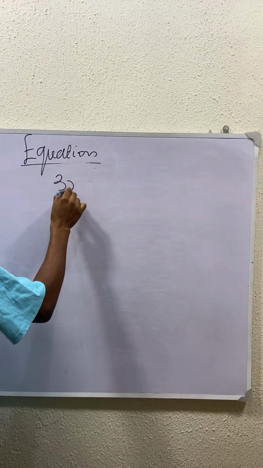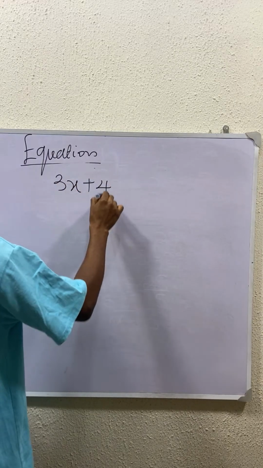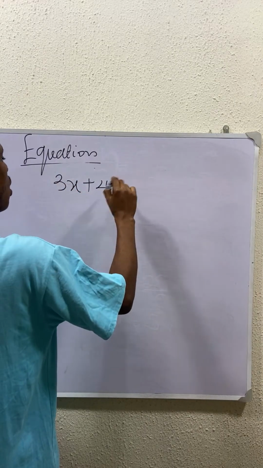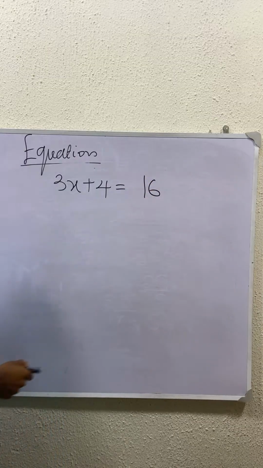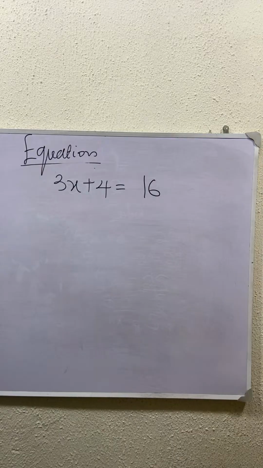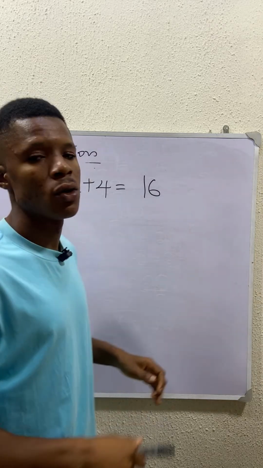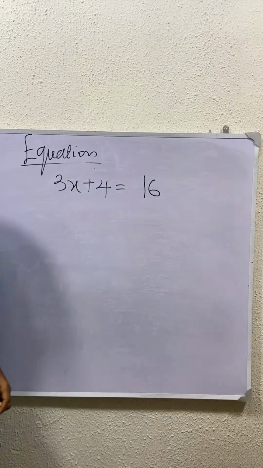We have 3x plus 4 is equal to 16. Here we are trying to find a number that if you multiply it by 3 and add 4, you are going to get 16.